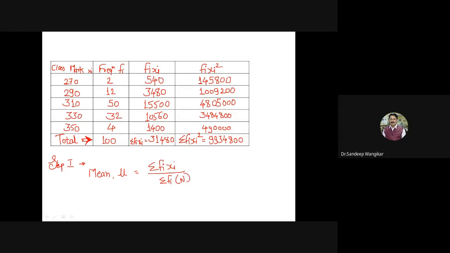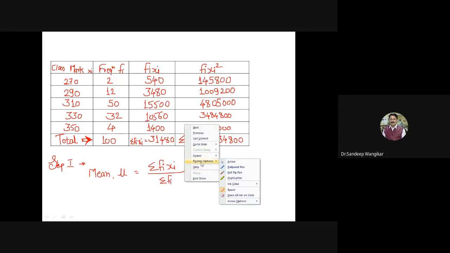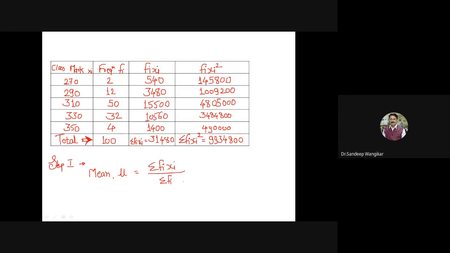Answer will not change. So don't write it that way, otherwise you will feel it as a multiplication. For your understanding, I have shown summation fi or summation n. Summation fi is nothing but n, 100. So I will substitute here.